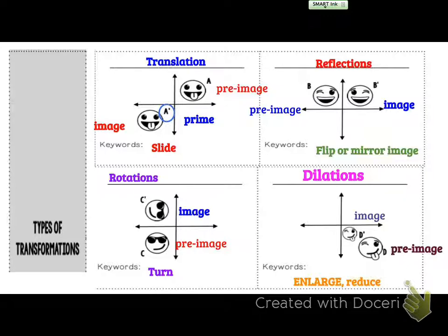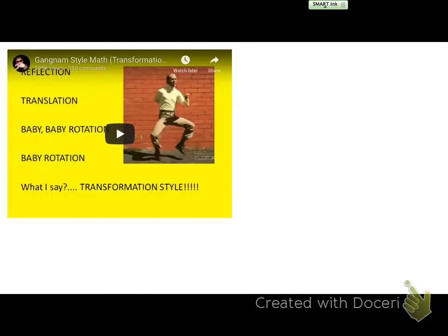So we have a translation, which is a slide, a reflection, which is a flip, a rotation, which is a turn, and a dilation, which means to enlarge or reduce a figure. Now I'm going to show you a video real quick, and it puts this into a corny scenario for you.